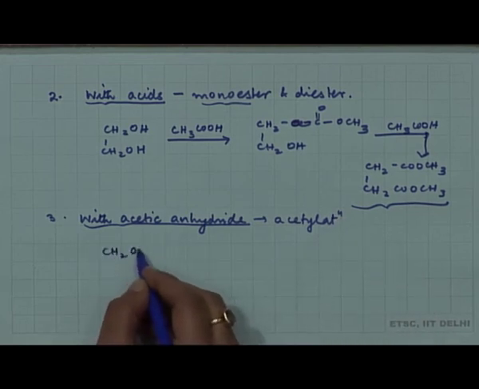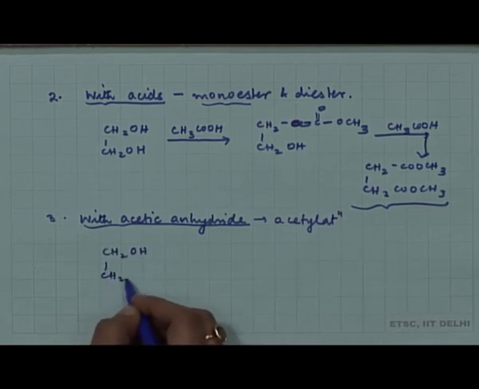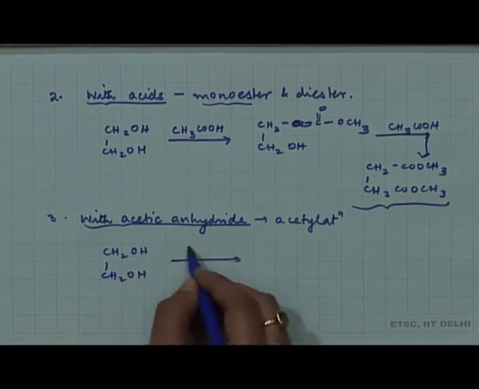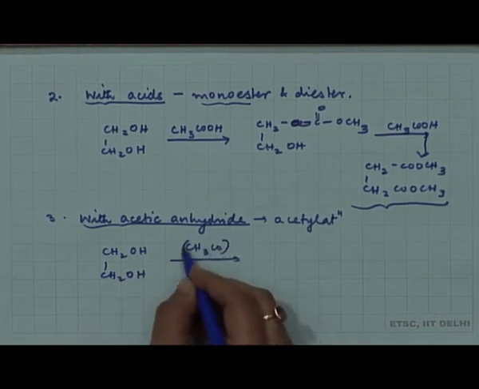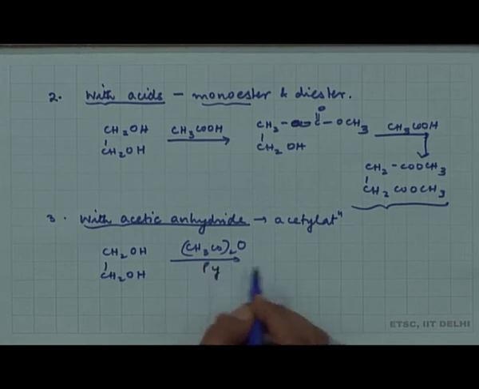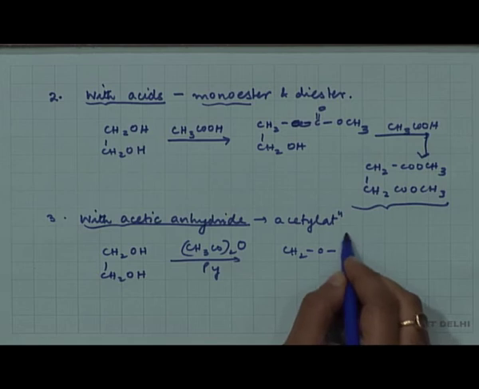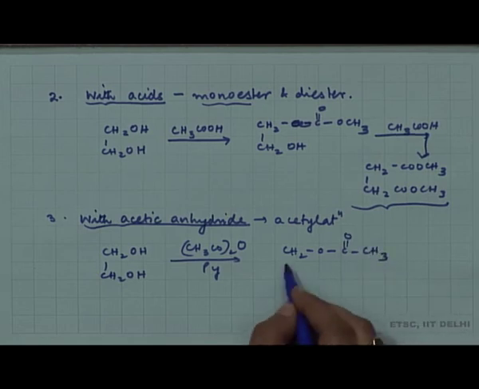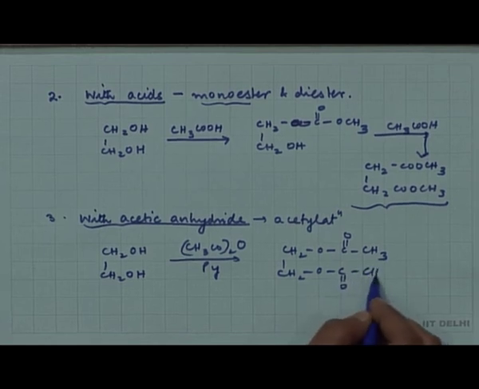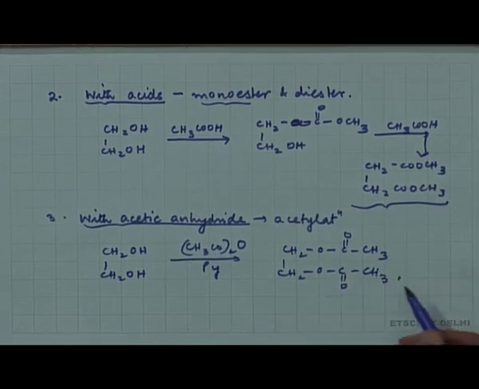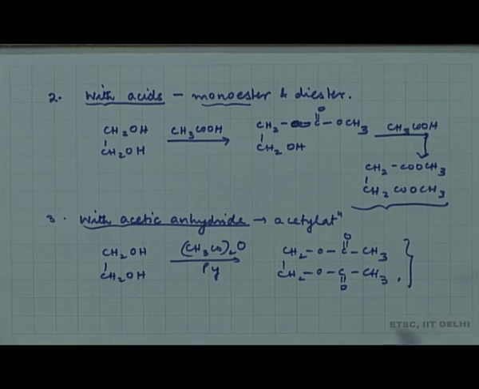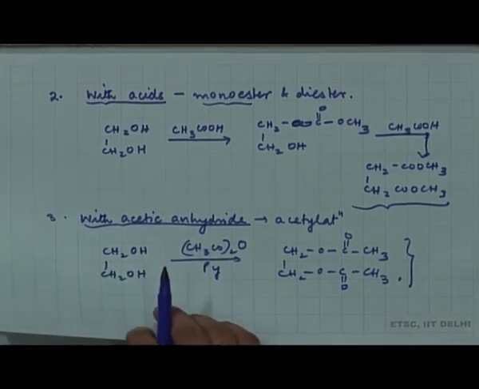So, you start with glycol, treat it with acetic anhydride in the presence of pyridine, and you get the diacetylated compound. All these are reactions also known with alcohols. There is nothing new which we are studying except for the fact that these are now involving a 1,2 diol system.